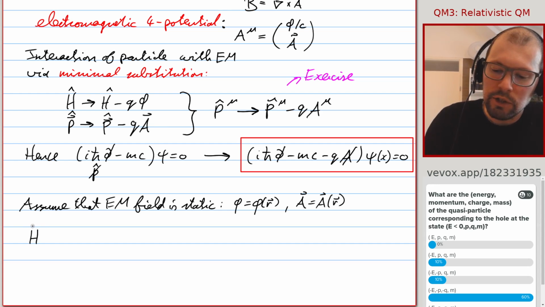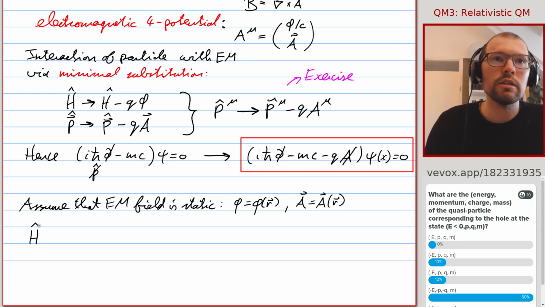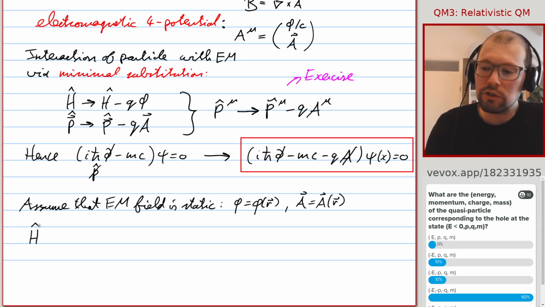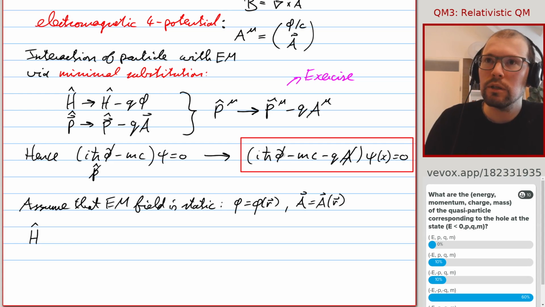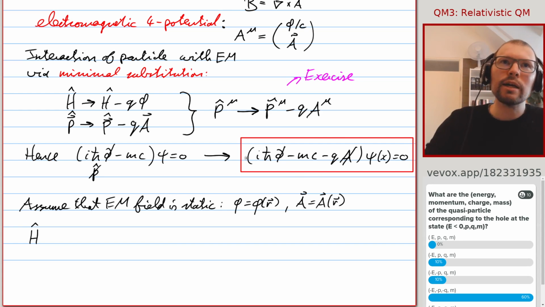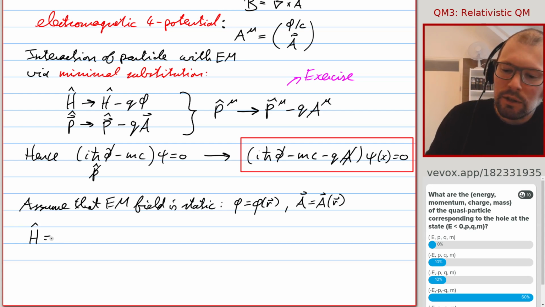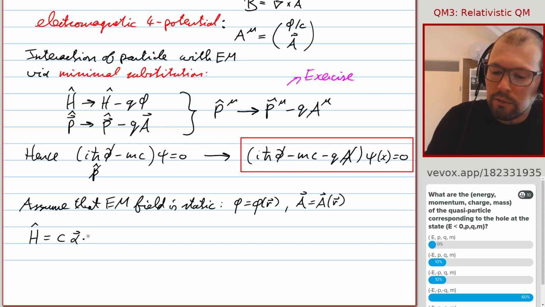Now that is useful if we want to find the solutions to the corresponding Schrödinger equation. So let's write this Dirac equation back in the non-covariant form. So recall that instead of the gamma matrices, we had these alpha and beta matrices.